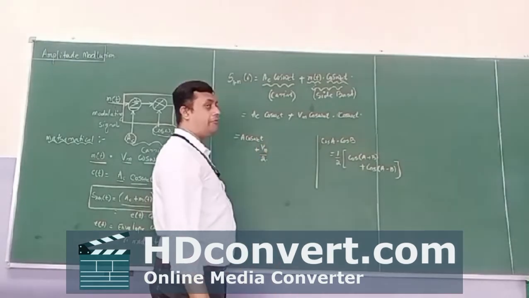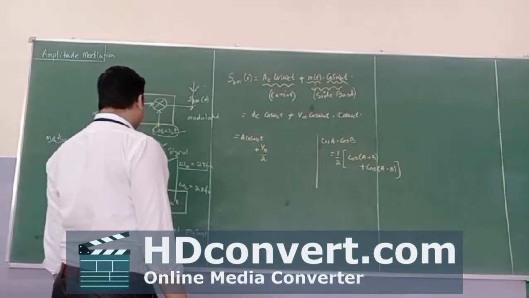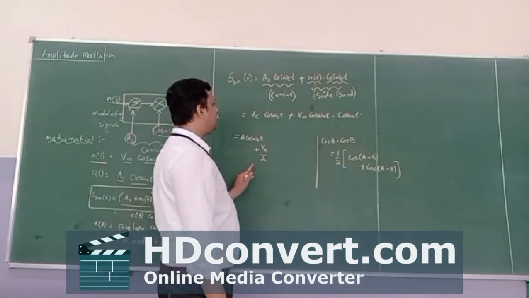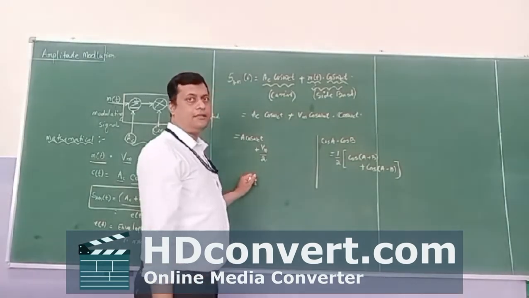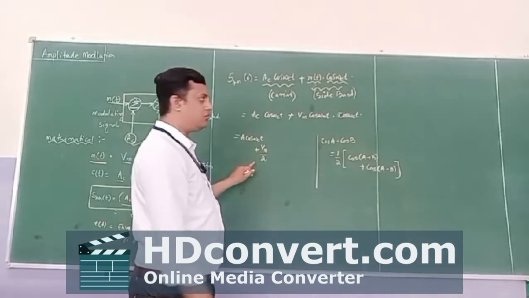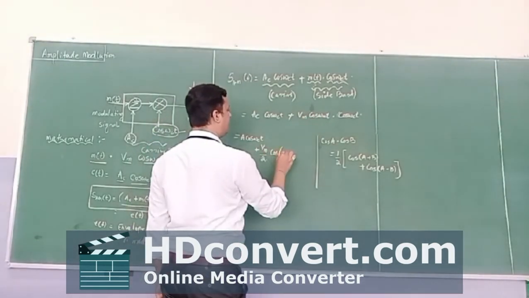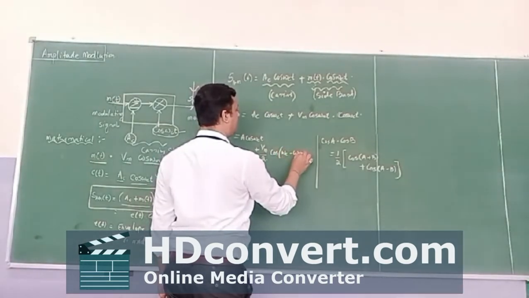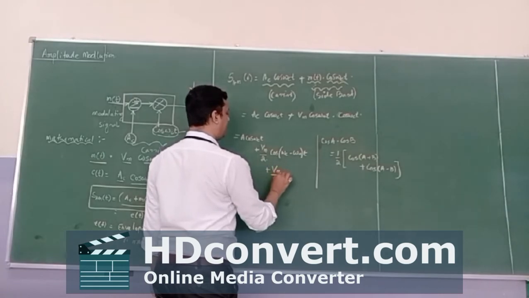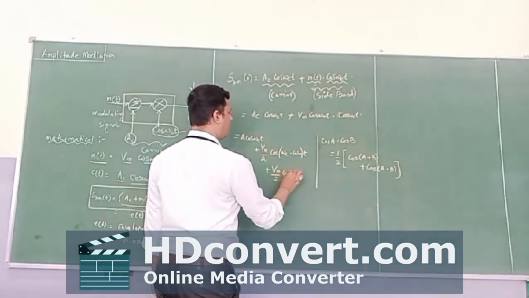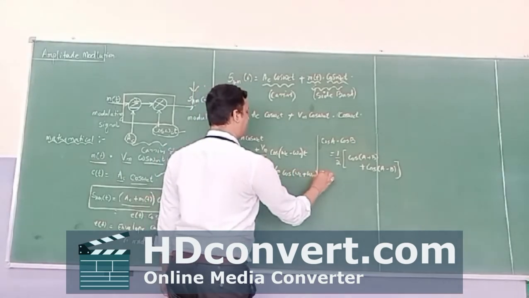So this is V_m by 2, and here I will write cos of (omega_c minus omega_m) t plus V_m by 2 cos of (omega_c plus omega_m) t.